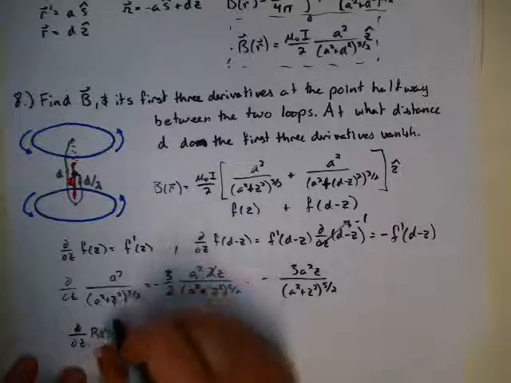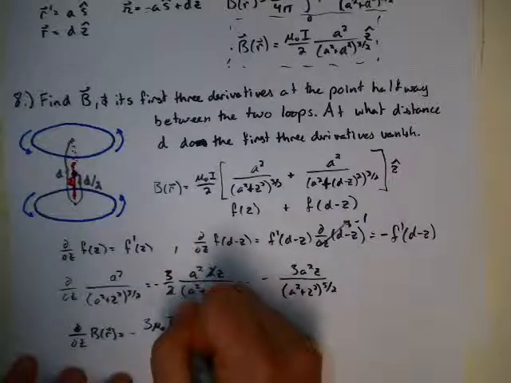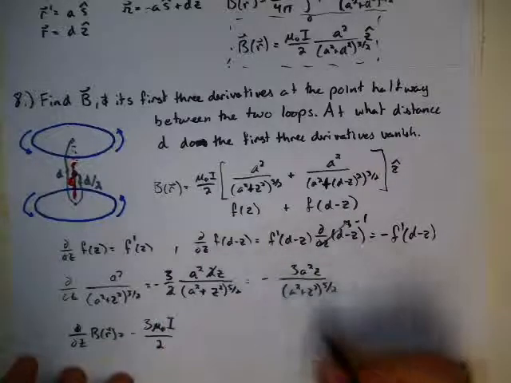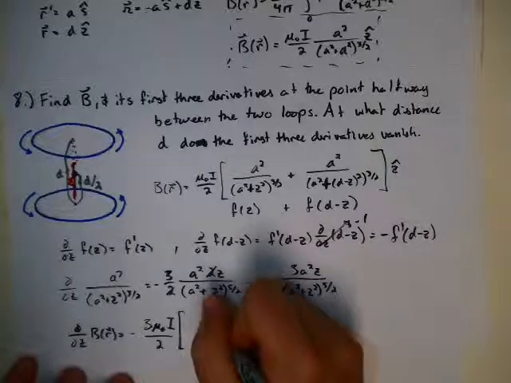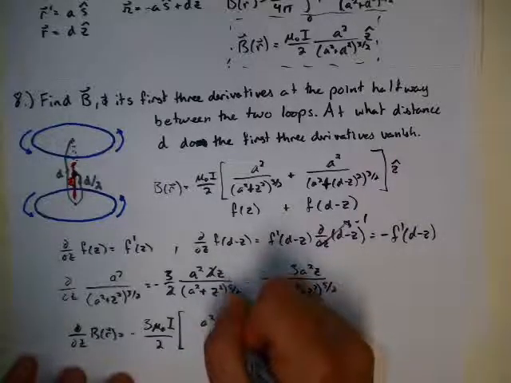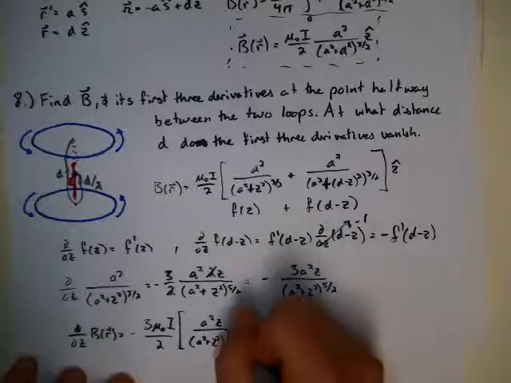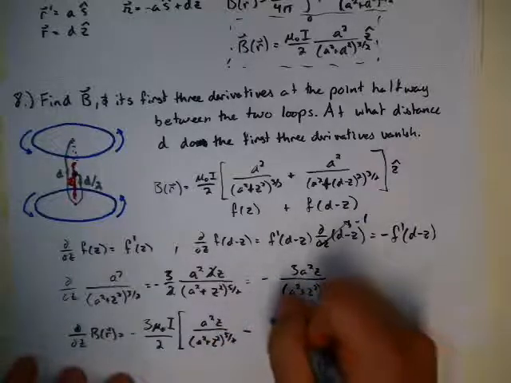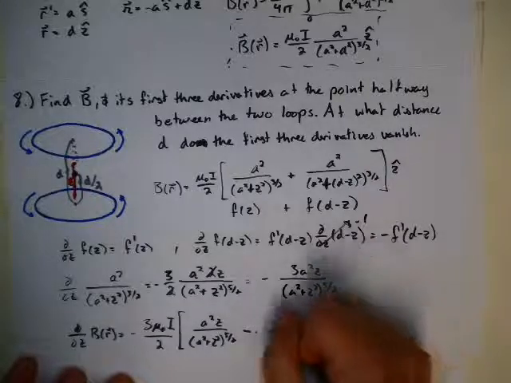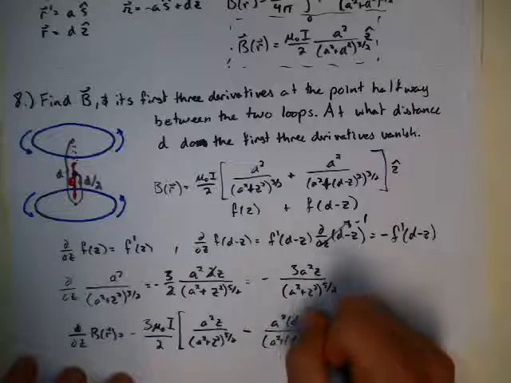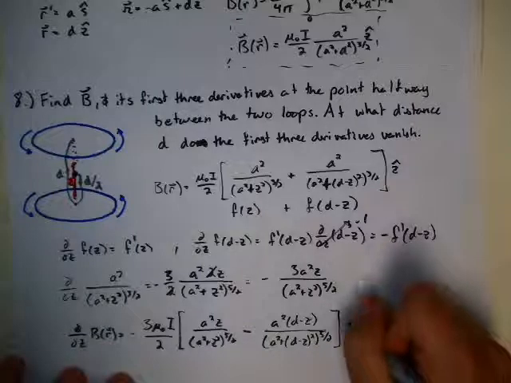So minus 3 mu naught I over 2, and then I'm going to get a squared z over a squared plus z squared to the 5 halves minus, so that's that minus sign right there, a squared times d minus z divided by a squared plus the quantity d minus z squared to the 5 halves, z hat.